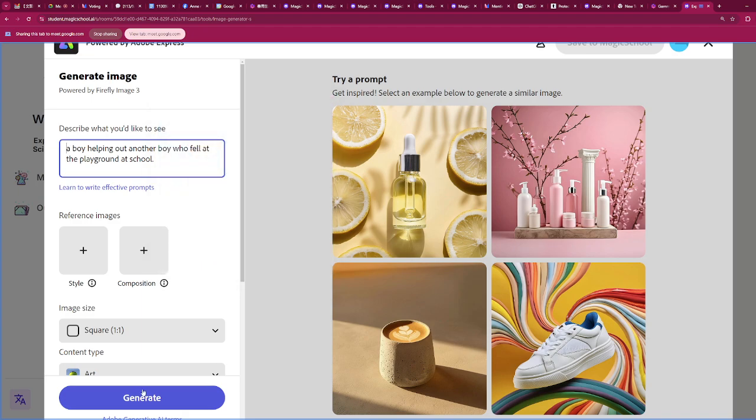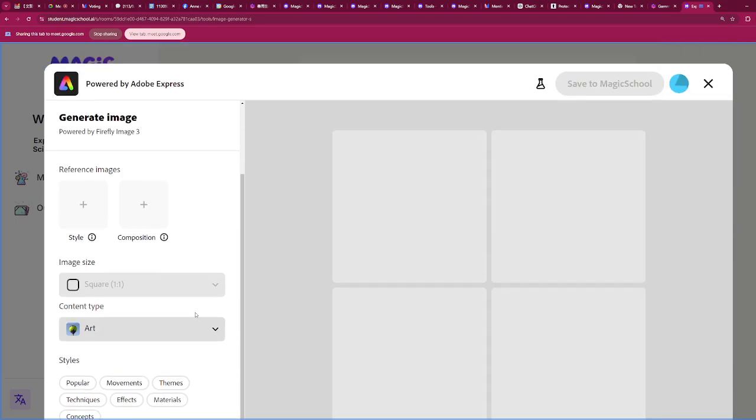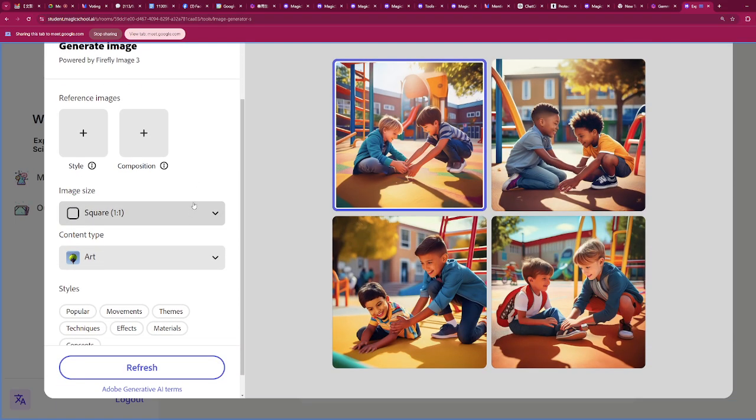And generate. Okay, you could also select whether you like art or photo, or the styles that you would like for your image. Okay, so yeah, something like this.